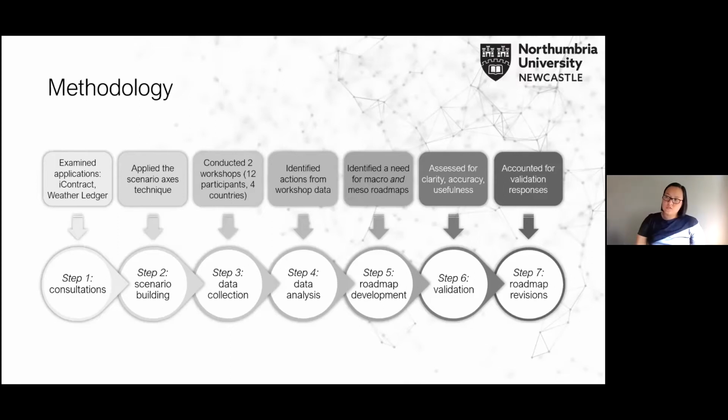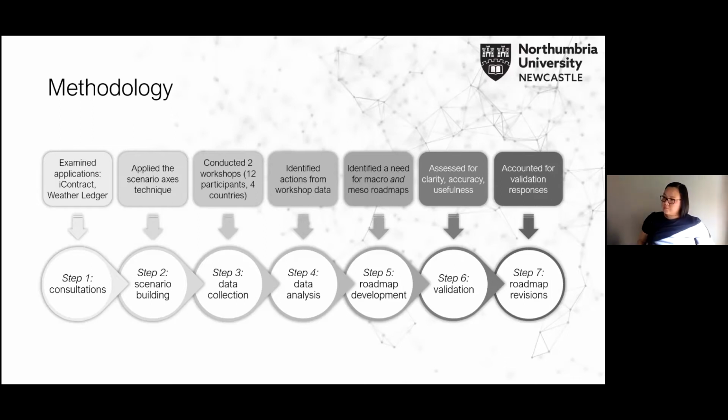I conducted 2 workshops, one for each application, and then looked at pulling out all the different actions that came from the workshops to identify the need for a roadmap. And actually it came out that there was a need for 2 roadmaps, just because the actions couldn't necessarily be attributed to one level.